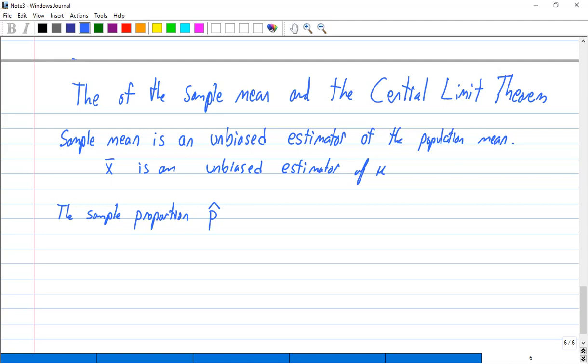Not much. That's p hat. So the p's got a little hat on it. So the sample proportion p hat is an unbiased estimator of P, the population proportion.